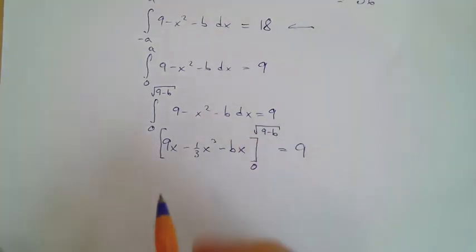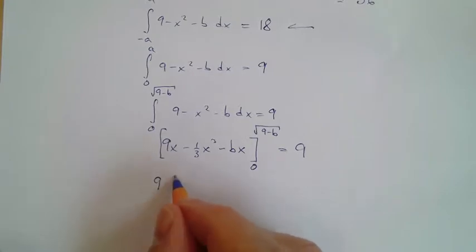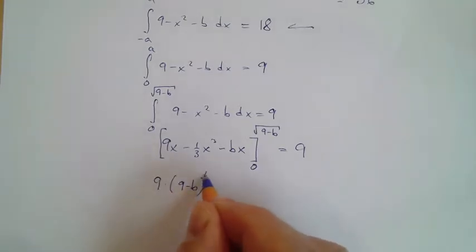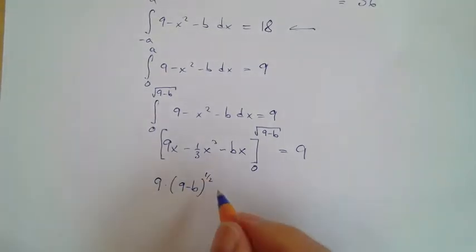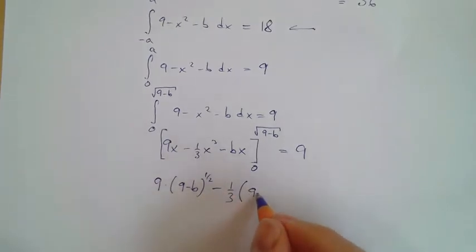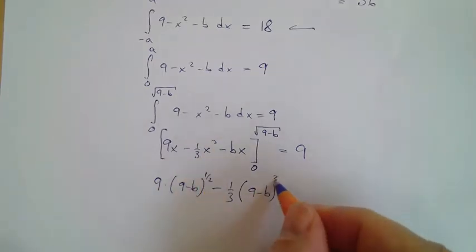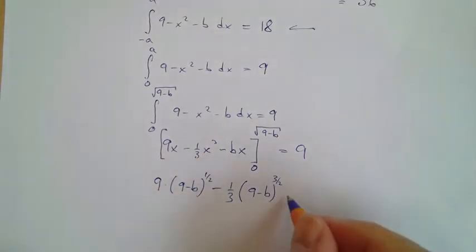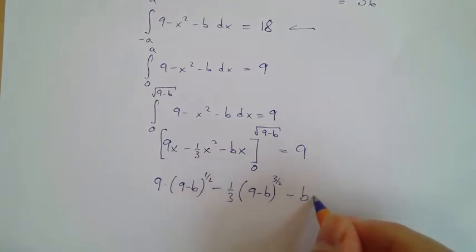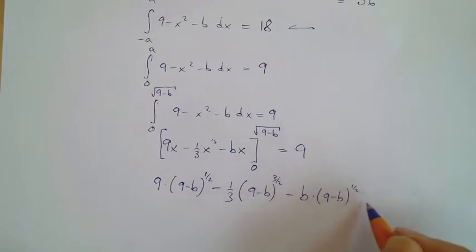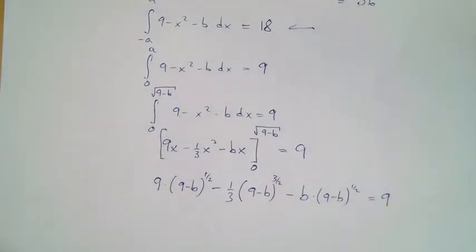So 9 times the square root of 9 minus b minus 1/3 of the square root of 9 minus b cubed, so to the power 3 over 2, minus b times the square root of 9 minus b equals 9. What can we do from here?